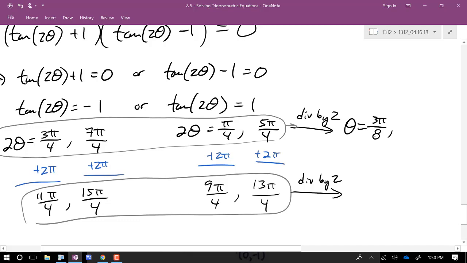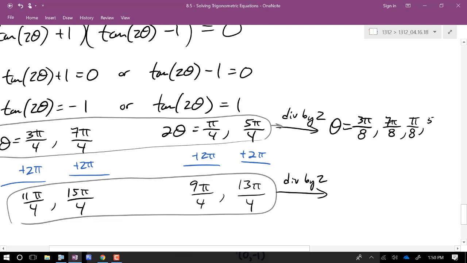We get 3 pi over 8, 7 pi over 8, pi over 8, and 5 pi over 8. And then down here we have 11 pi over 8, 15 pi over 8, 9 pi over 8, and 13 pi over 8.